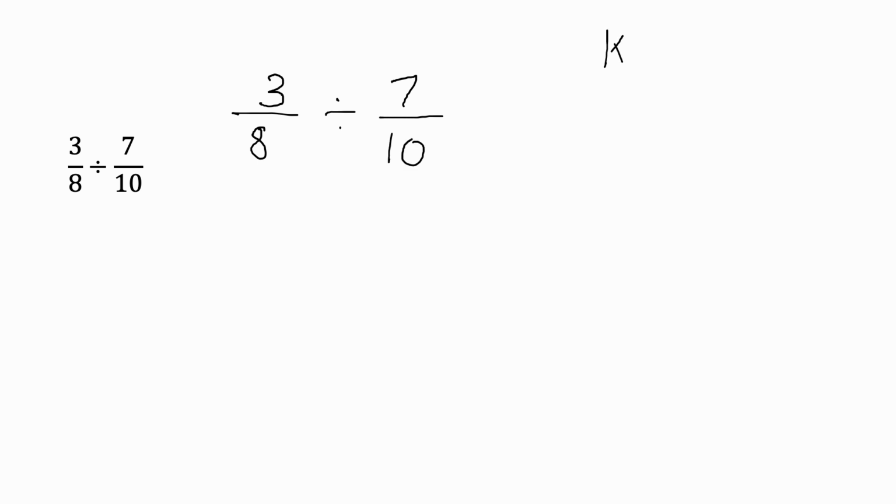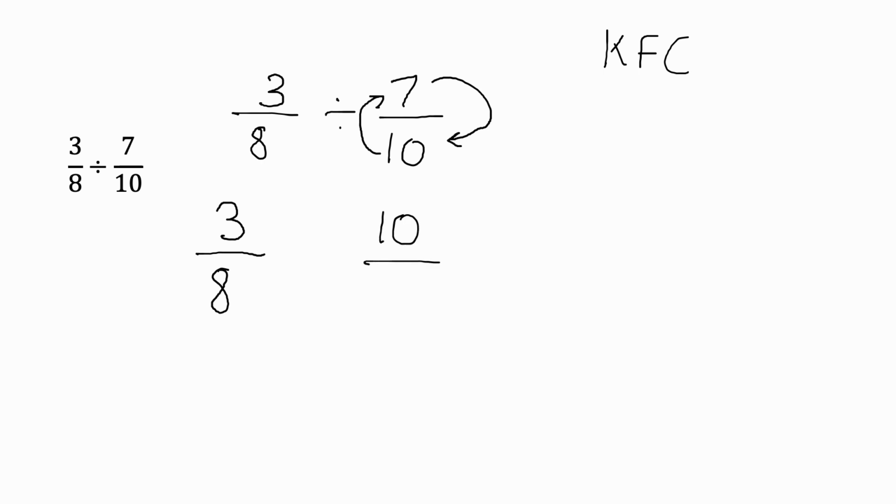So if we use our keep, flip, change, we keep the first fraction the same, so 3/8 stay the same. We flip the second fraction, essentially that means the 7 will go down here, and then the 10 will go up there. So we get 10/7. And then we see, which is for change, so we change from division to multiplication.